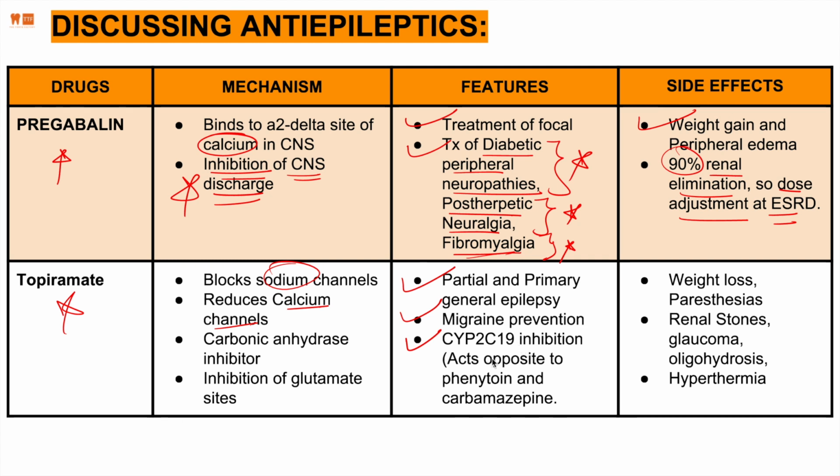All we need to know is that it acts opposite to phenytoin and carbamazepine, because phenytoin and carbamazepine induce the liver enzymes, whereas topiramate flips itself and inhibits liver enzymes. Side effects: weight loss, paresthesias, renal stones, glaucoma, oligohydrosis, that's basically decreased sweating, guys, and hyperthermia. So is topiramate the best drug to use? Probably not.